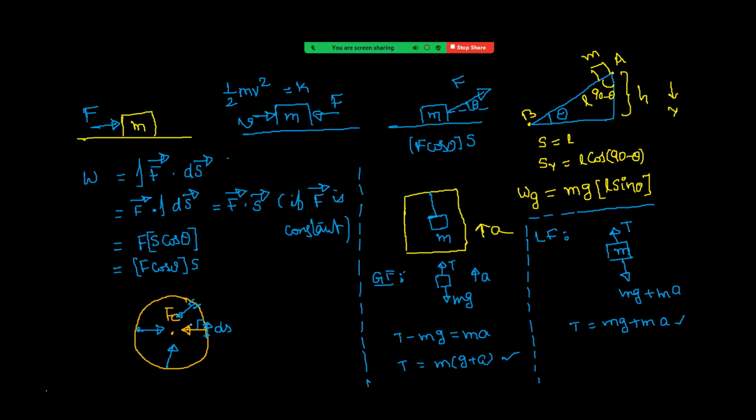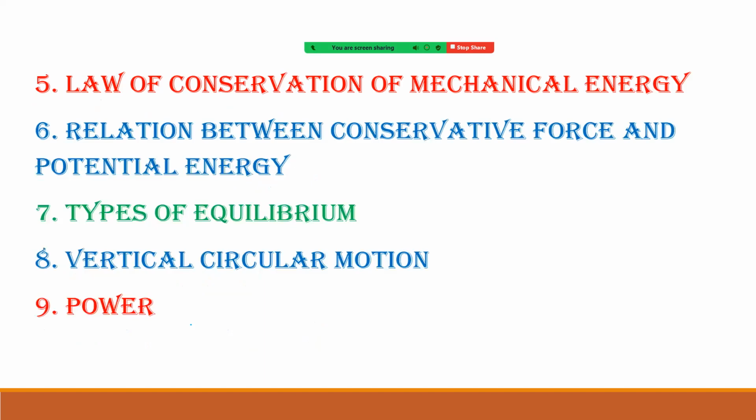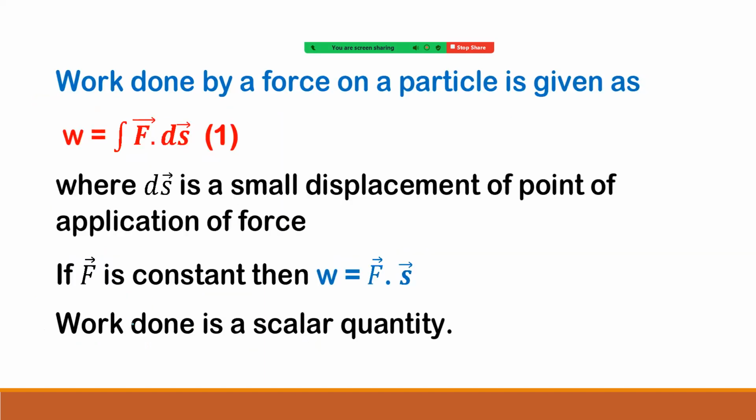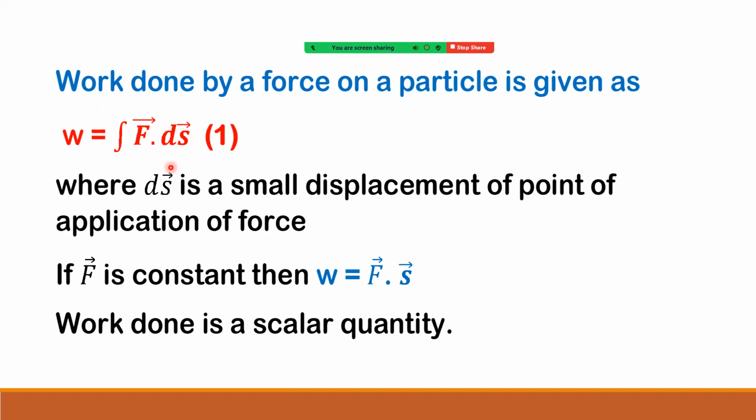Okay. Let us now take notes for this one. First one, definition: work done by a force on a particle. It is given as line integral of f bar dot ds bar. ds bar is the small displacement of the point of application of force.